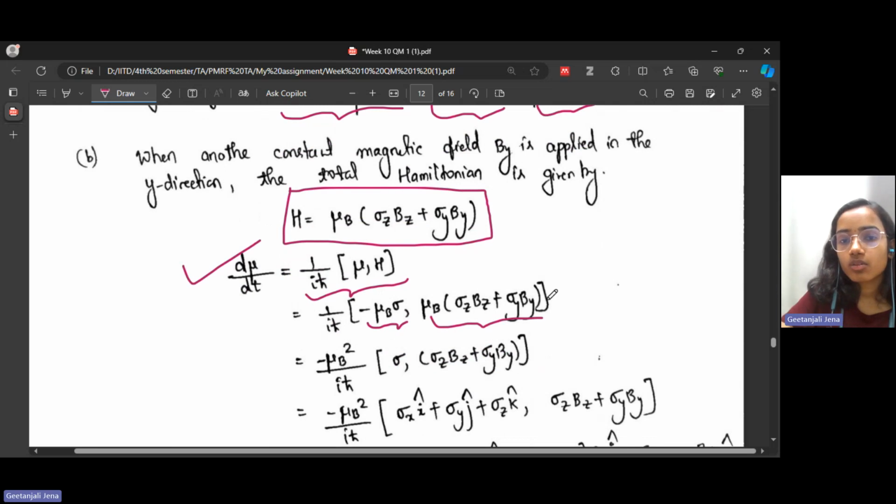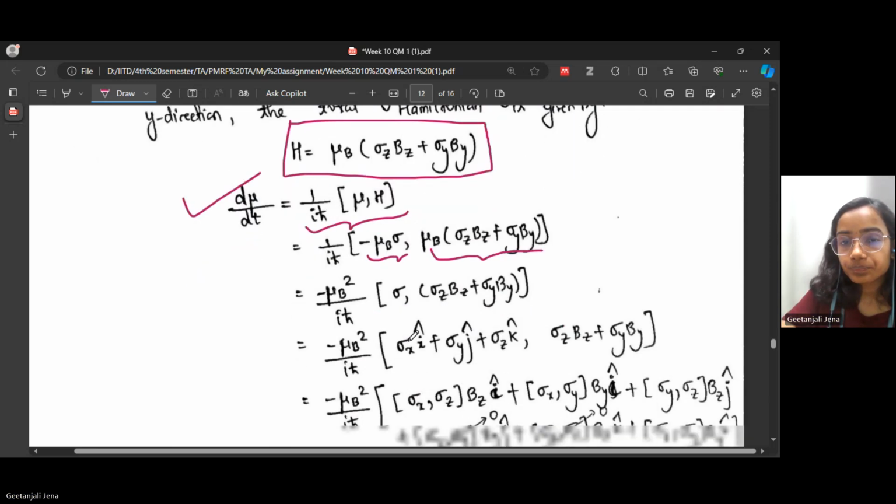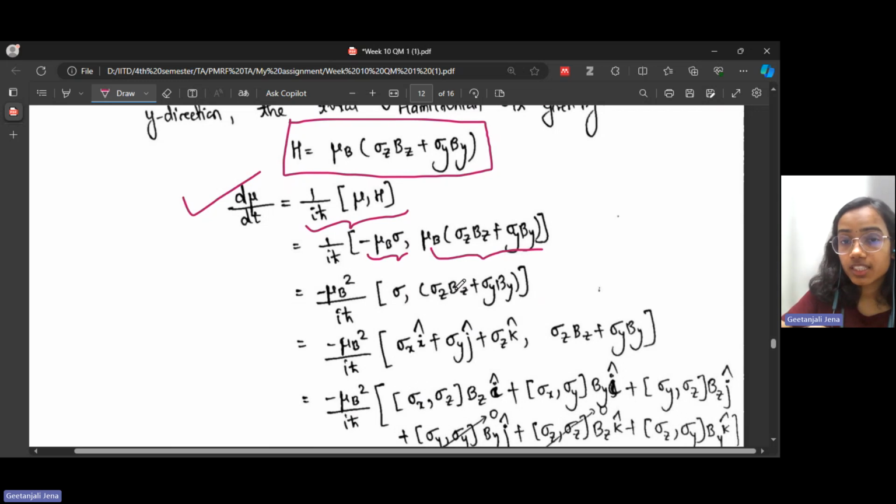To solve this, you have to use the properties of commutation relations, some basic commutation relations like the commutation of sigma x with sigma y, sigma y with sigma z, and sigma x with sigma z.